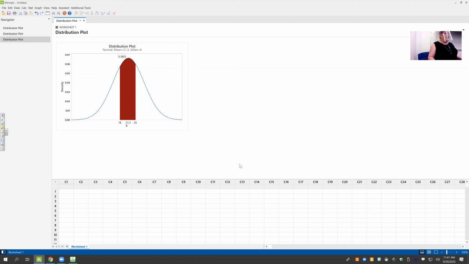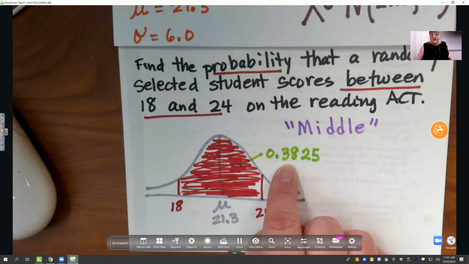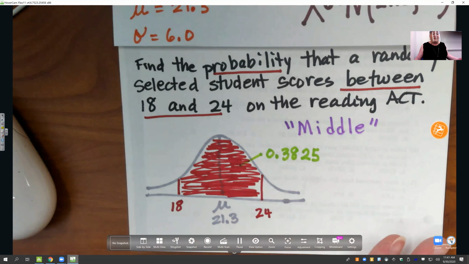And it will help you, in my opinion, if you'll draw the picture first. On the homeworks, they're going to ask you for this 0.3825. Our explanation here would be there is approximately a 38% chance that a student scores between 18 and 24 on the reading ACT.